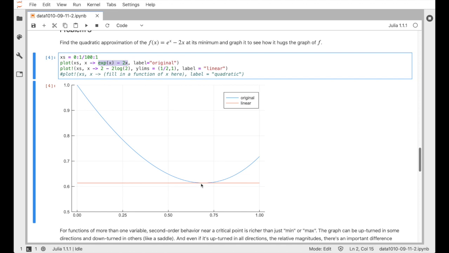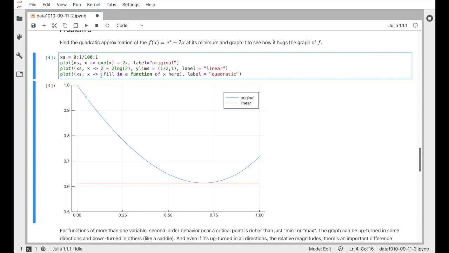And what we want to do is Taylor expand around that point in order to get the behavior of the original blue function, e to the x minus 2x, approximated using a quadratic as well as possible. So the linear approximation is just flat. The gradient, or in other words, the derivative, is 0 there.